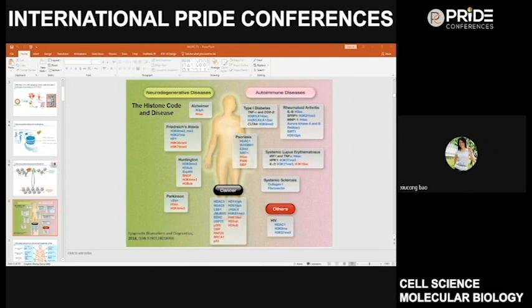And since histone H4K91 is very important for the DNA damage response, we test whether this modification is involved in the response to DNA damage. Here we can see that after treatment with different kinds of DNA damage reagents, there is a significant reduction of the H4K91 glutathionylation.